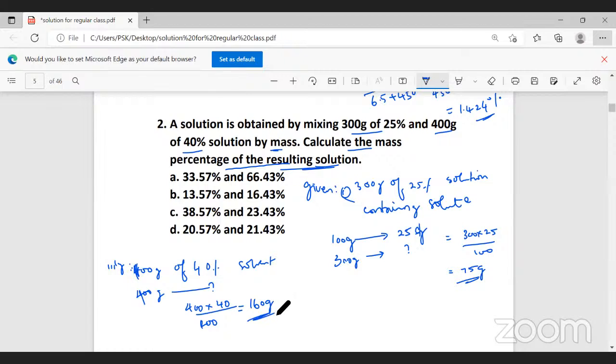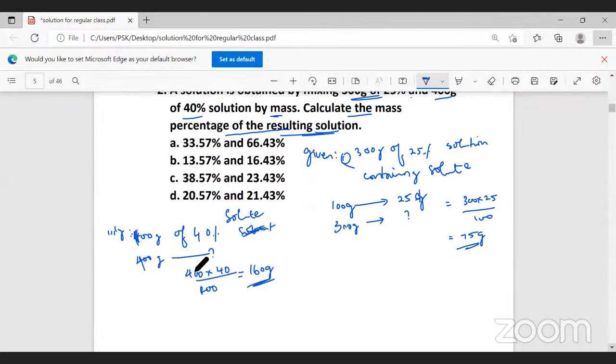Now they're asking you to calculate the mass percentage of the resulting solution. I made a mistake again. This is not a solvent. This is also a solute, because the solution is obtained by mixing 300 grams of 25% and 400 grams of 40% solution by mass. So both are solute.